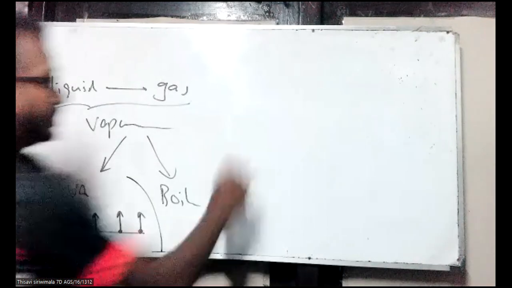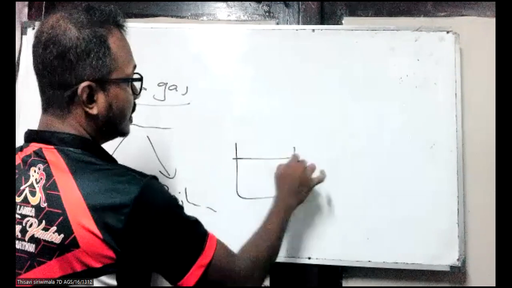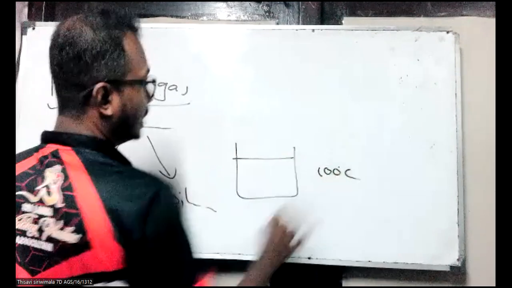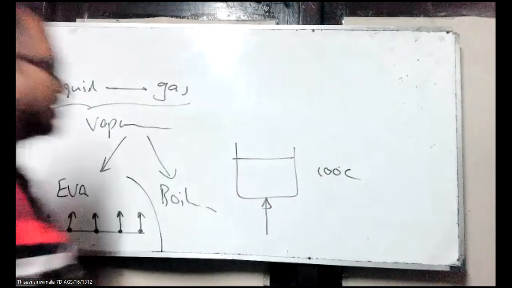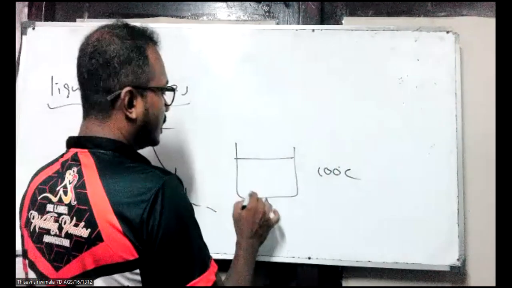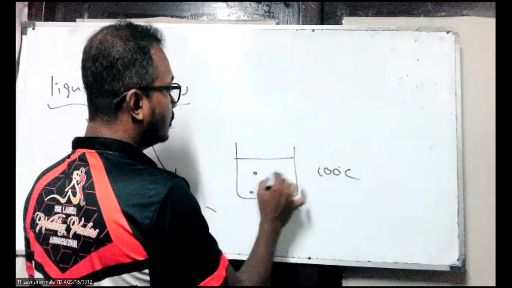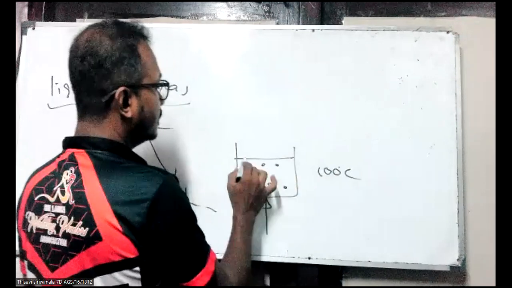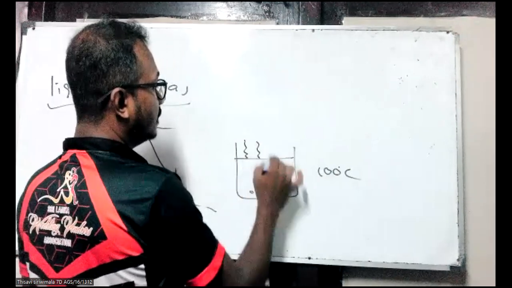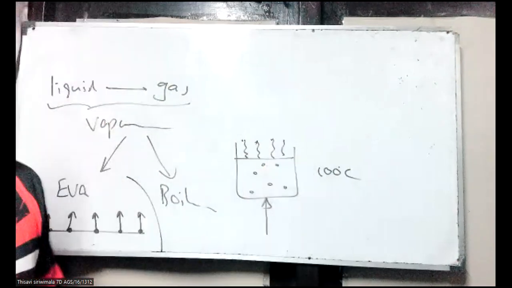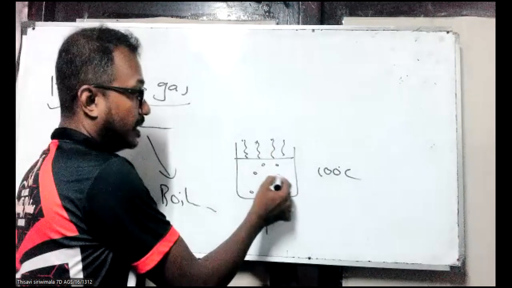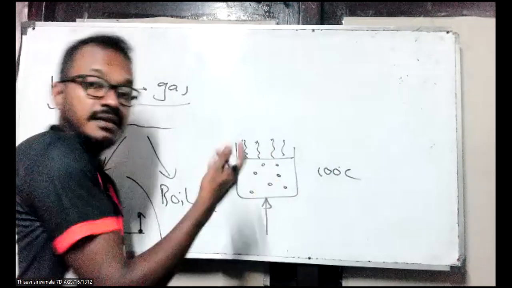Now boiling is another option. Here we are supplying heat energy to a liquid at its boiling point. Think of water at 100 degrees. When you supply heat energy, bubbles will be formed. That means the vaporization will take place not only from the free surface, but within the liquid. The vapor comes within the liquid as a bubble.